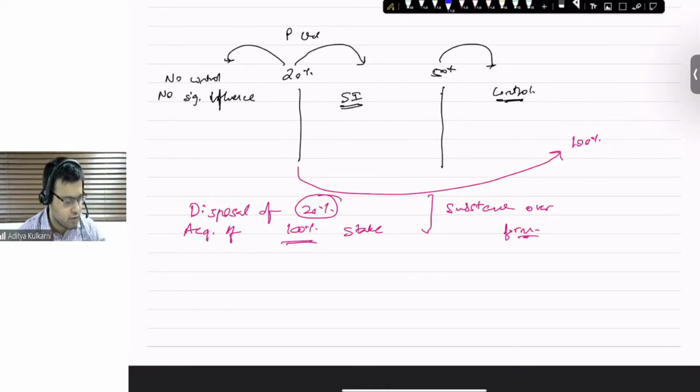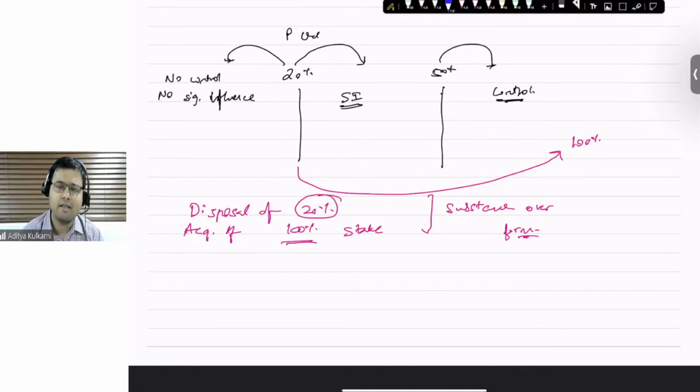So the obvious question would be, how would I do the PC calculation in that case? And we saw that you will have to perform a remeasurement of the existing stake, take the gain or loss on remeasurement to the profit and loss, and then eliminate that existing investment in the journal entry on account of acquisition.